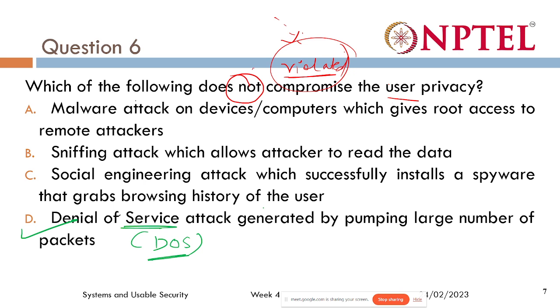Yeah, correct, that you can also say. Why? Because it tends to occupy the entire bandwidth that is available to serve the requests of the several clients that are coming to the server.